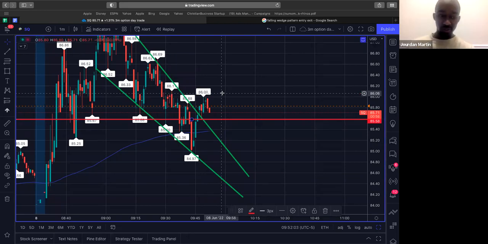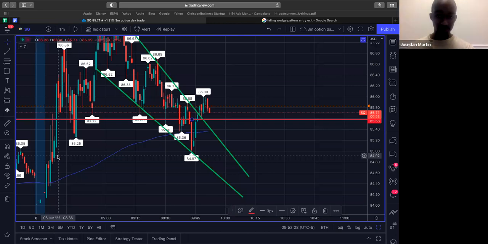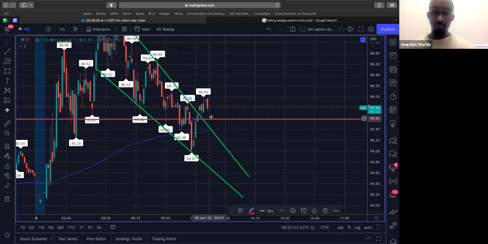The reason I'm using a close below that is because it could just retest it and bounce. So I'm not about to stop out just on a retest. But if it closes below this candle, then that's gonna show that we're about to go back into this wedge pattern, and we might keep on dropping down.